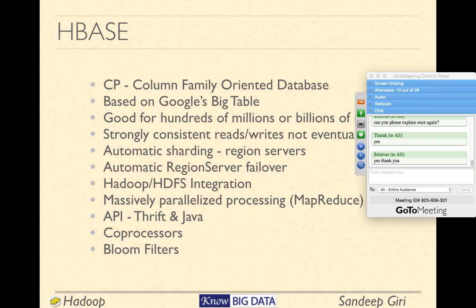Now let's talk about HBase. HBase is a consistent and partition tolerant, while not very highly available, database, and it is a column family oriented database. It is based on a paper by Google called Big Table, and Big Table is what they use for storing the whole world's data.